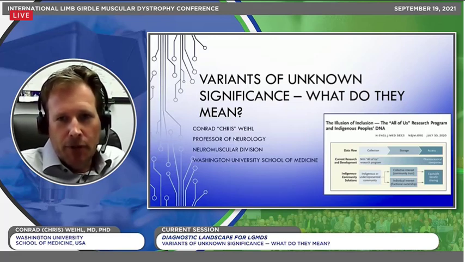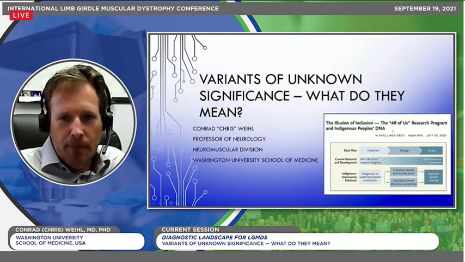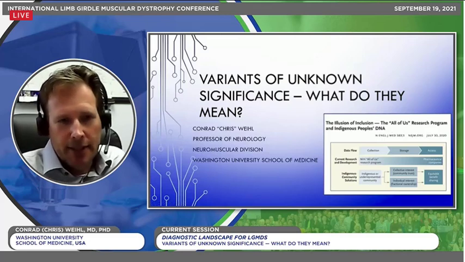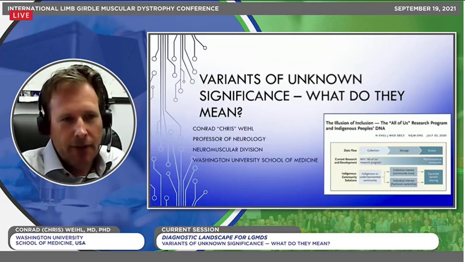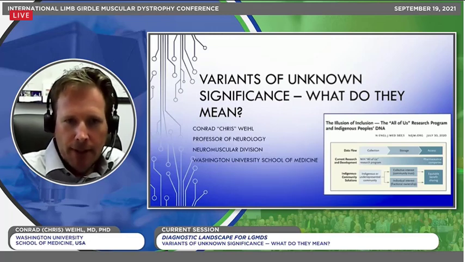One of the programs the NIH has is called All of Us, and I encourage you to look into it. It's a way of broadening much of the genetic databases so that they're inclusive not just of Europeans and U.S. citizens that are predominantly white, but also those of underrepresented minorities and indigenous people.